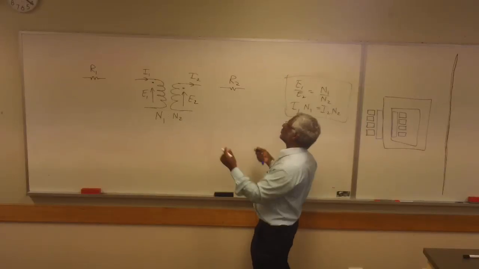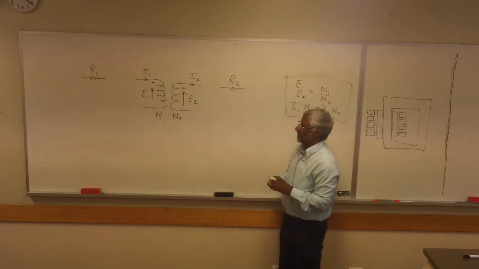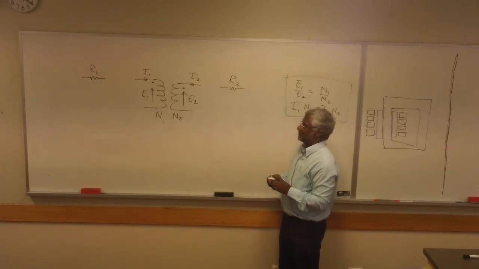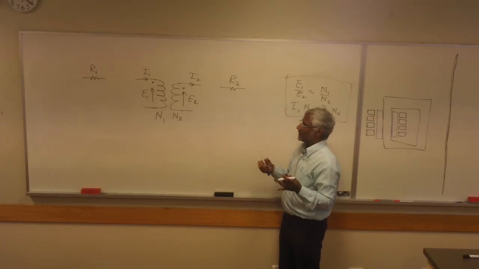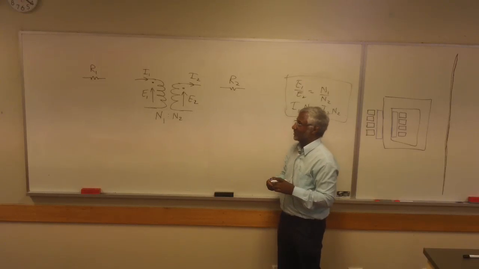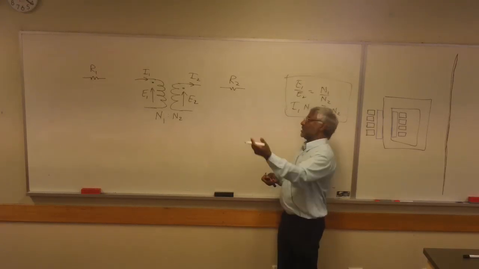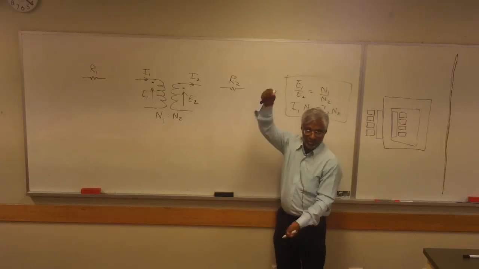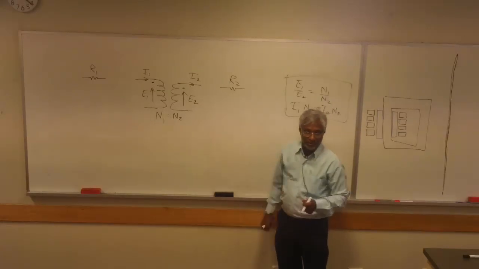And we said we put them in series because this is an I squared R loss. The amount of loss is proportional to the current going through the windings rather than the voltage that we put across the windings.